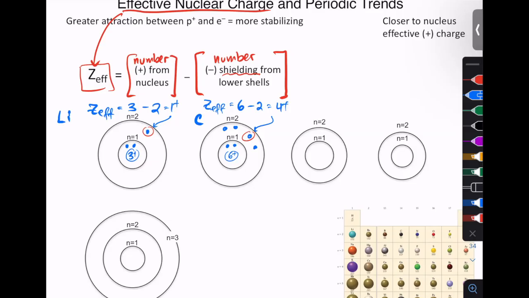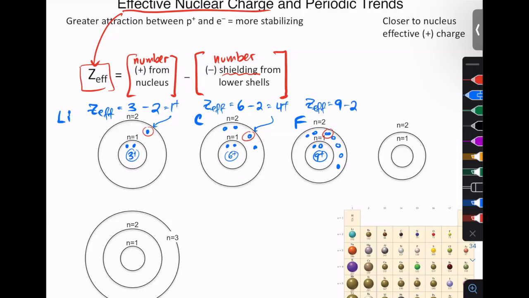Right? The trend continues. Let's go over to fluorine. Fluorine has 9 protons, so there are 9 positive charges in the nucleus. And the electrons, we've got 1, 2, and then 3, 4, 5, 6, 7, 8, 9 electrons. But only 7 are in the valence shell. So if we pick on any one of them, it doesn't matter which one, the effective nuclear charge here is going to be 9, which is the positive charges in the nucleus.